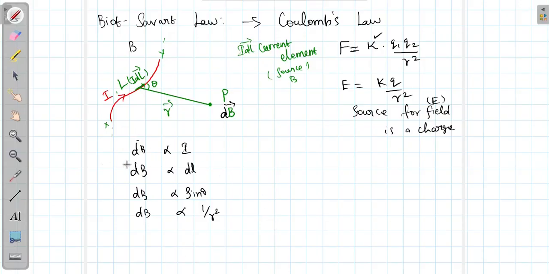So this is Biot-Savart law: the magnetic field strength is directly proportional to I, dl, and sine theta, and inversely proportional to R square. That's all.